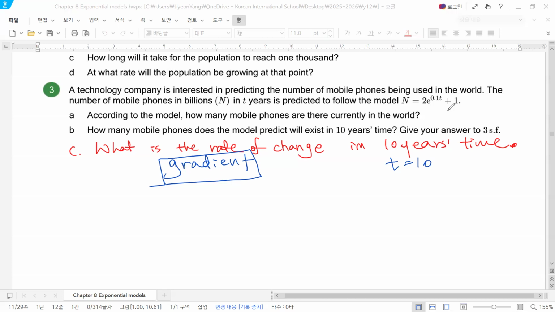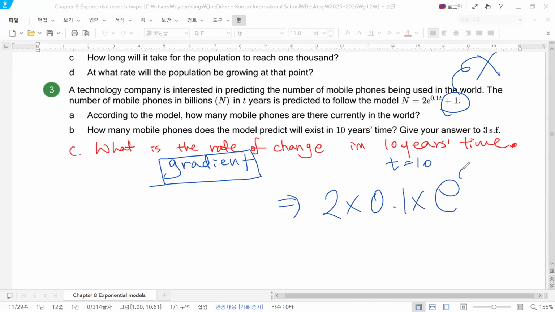Since we didn't learn differentiation, this is the only way I can explain. Sorry, students. So plus 1 doesn't affect the gradient. Therefore, what is the gradient? The gradient should be 2 times 0.1 times e to the power of 0.1 t, and then since I set t as 10, you can find the value in this way.